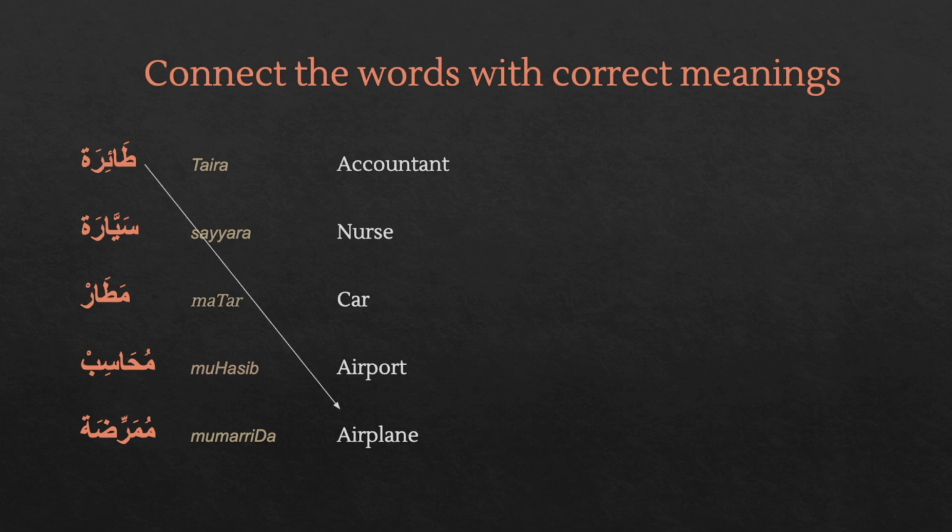What about سيارة? سيارة is car. مطار is airport. محاسب would be accountant. The last one obviously ممرضة. That's nurse.